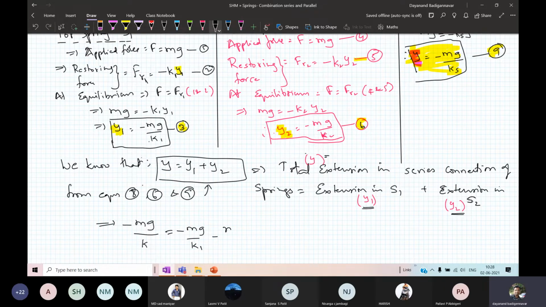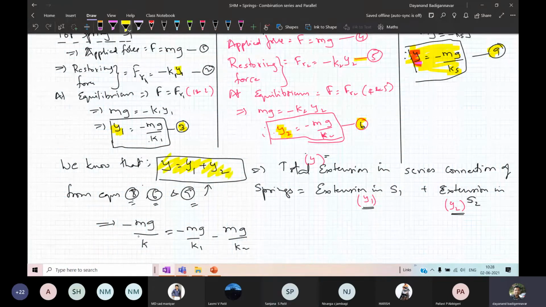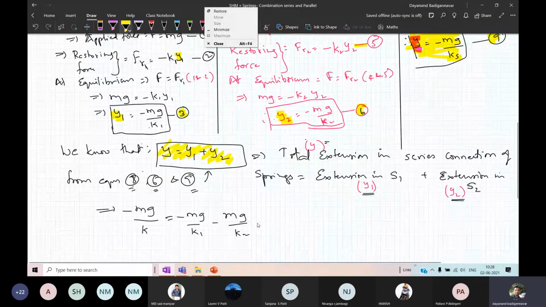If you substitute equations 3, 6 and 9 in the equation for Y, you get the equation that I have written. Now look here in this equation.